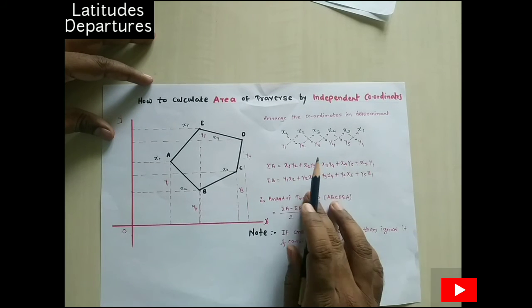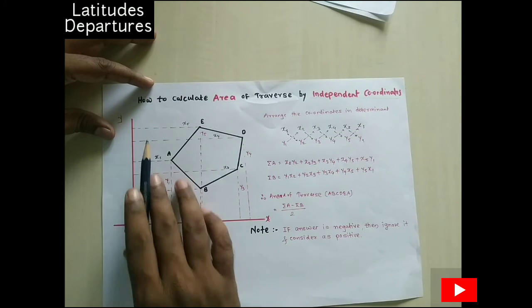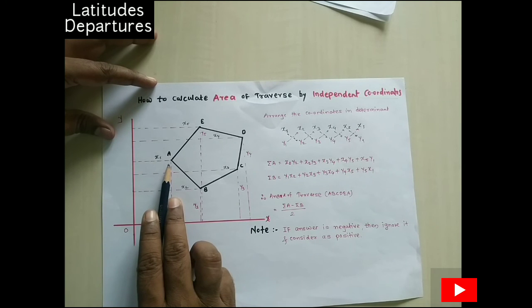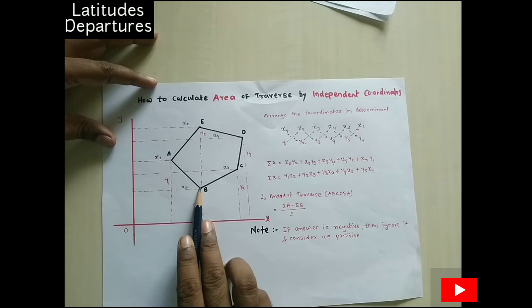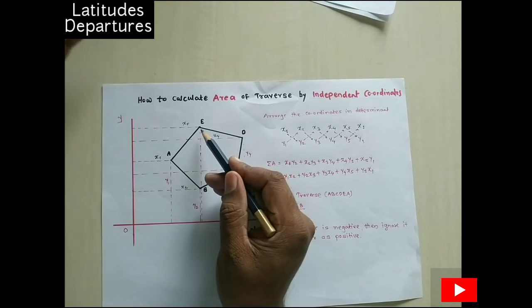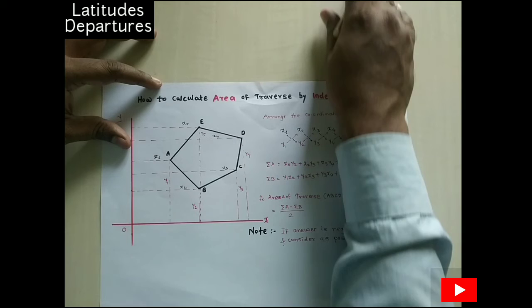Okay. So refer to this figure. x1 y1 are the coordinates of A, x2 y2 coordinates of B. Now here the traverse is going like this. You may also say clockwise traverse.